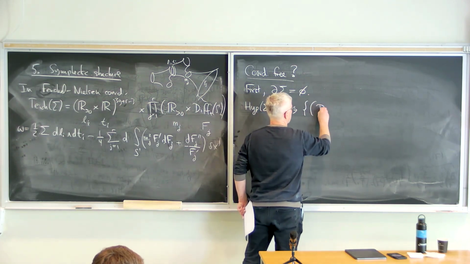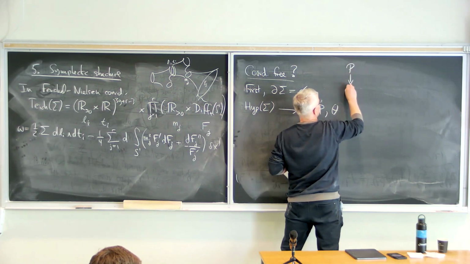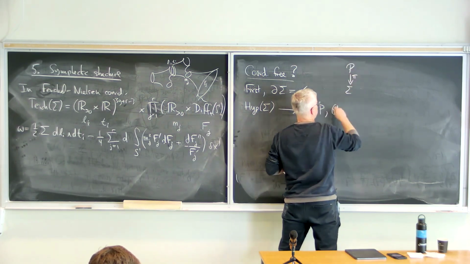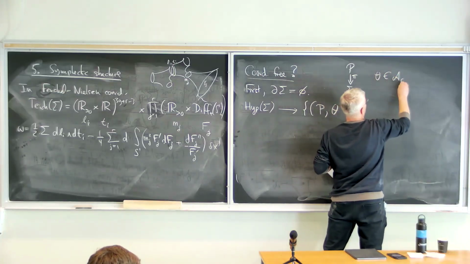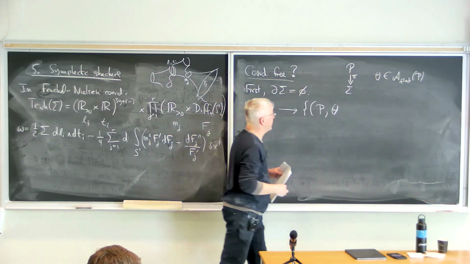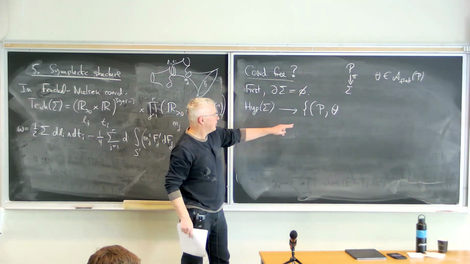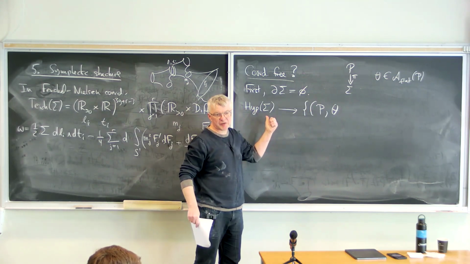So (P, theta), where P is a principal bundle over the surface, and theta is a flat connection. But knowing the principal bundle and the flat connection is not enough to reconstruct a hyperbolic metric.